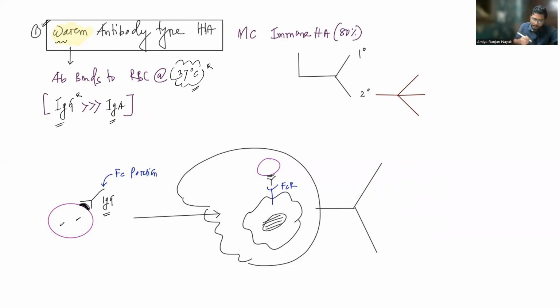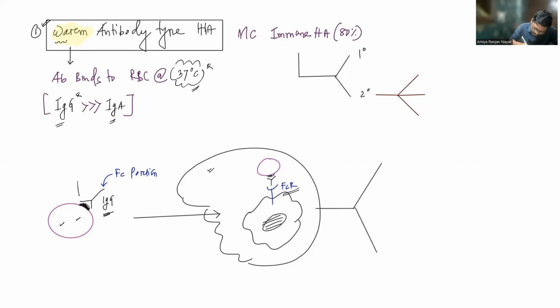Once this antibody is bound to RBCs, this IgG can be recognized by the macrophages, especially the splenic macrophages, because macrophages have a receptor known as the FC receptor. As you all know, these antibodies have a FAB fragment and an FC fragment.